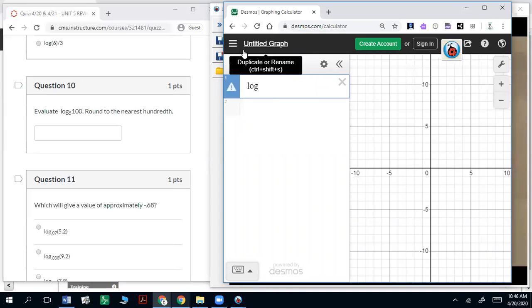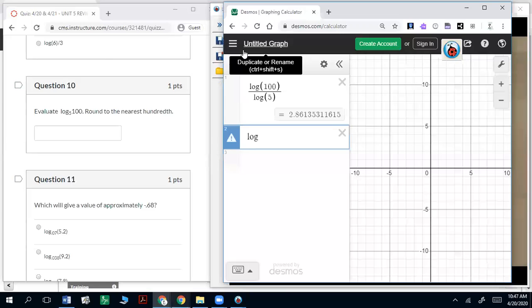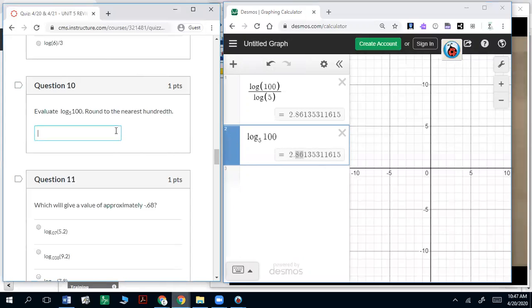So log of 100 divided by log of 5 is 2.86, or log shift underscore 5 of 100, 2.86. And it says round to the nearest hundredth. Nearest hundredth is 2 decimal places, so 2.86 is perfectly acceptable.